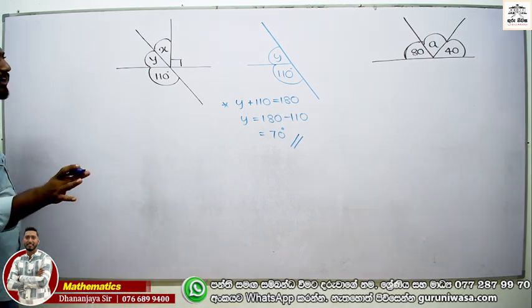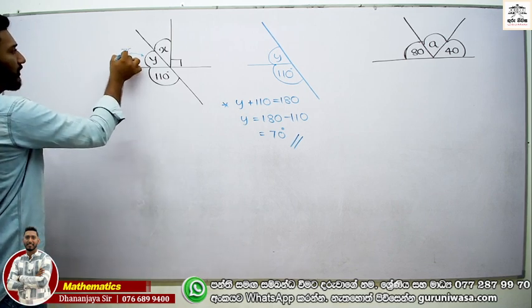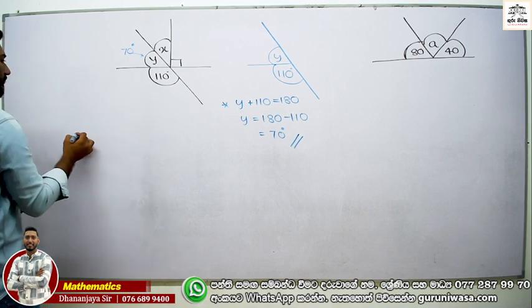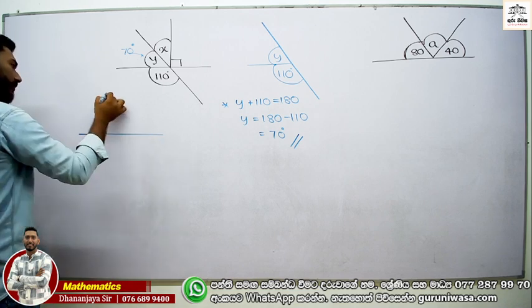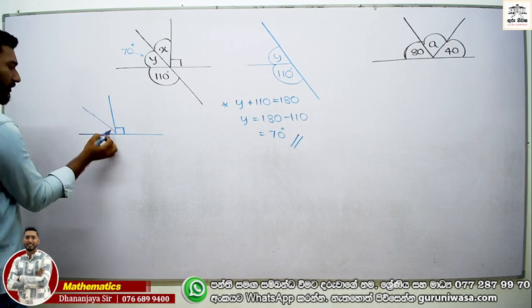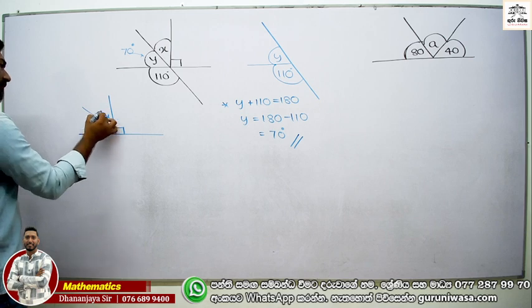Now you can find the answer for x also. Look, y becomes 70 degrees. Now tell me, this one is also a straight line. Now this one is 70 and this one is x.